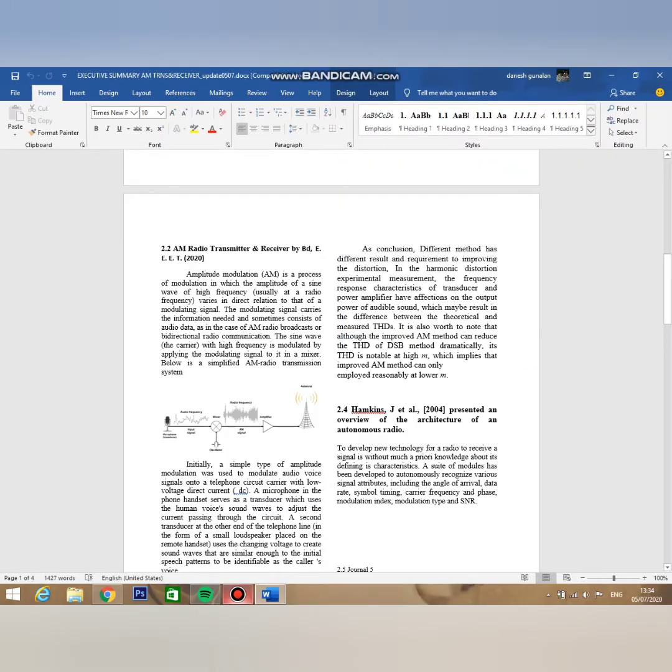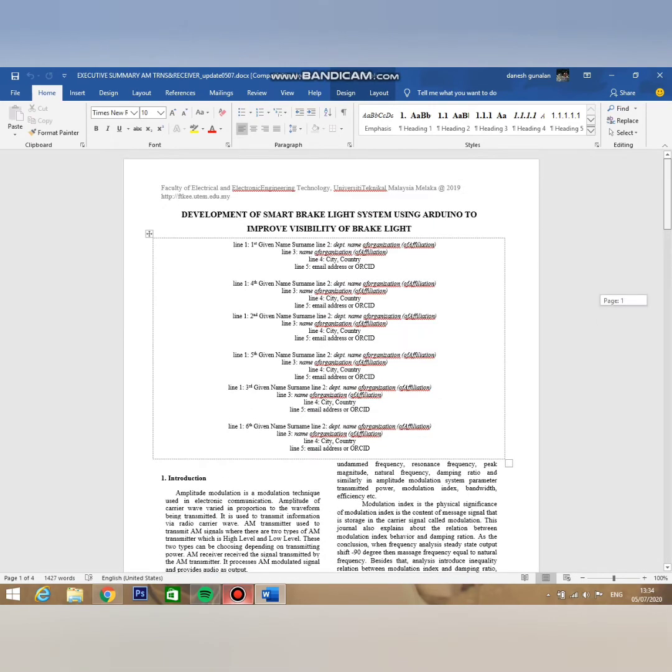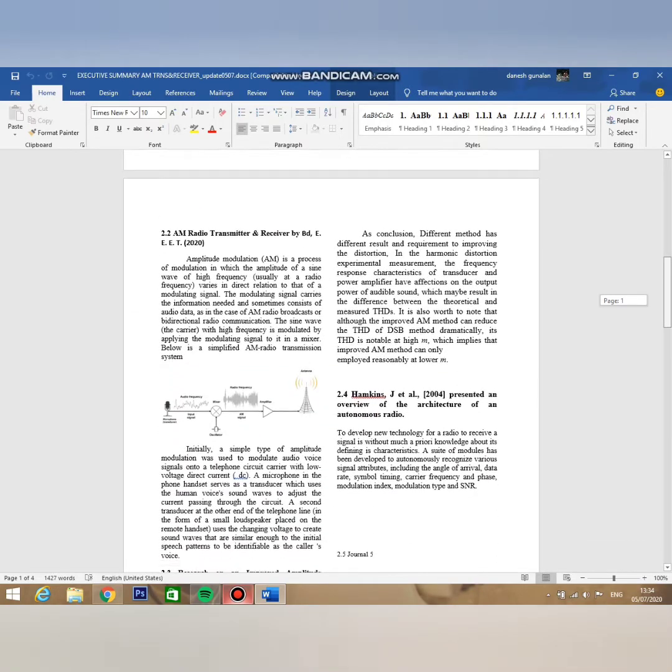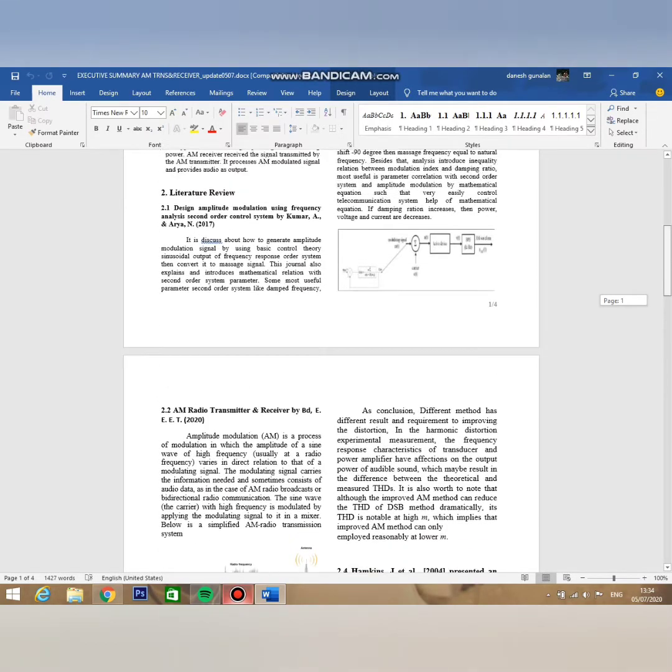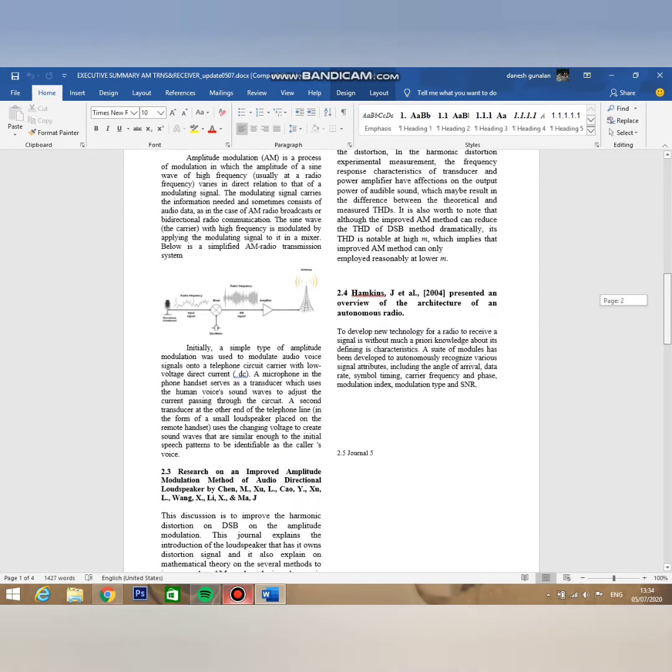So my name is Danish from BEE section 1/1. Today we're going to present about the development of a smart brake light system using Arduino to improve the visibility of the brake light. So I'm going to talk about the literature review.